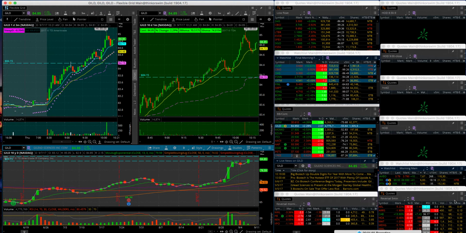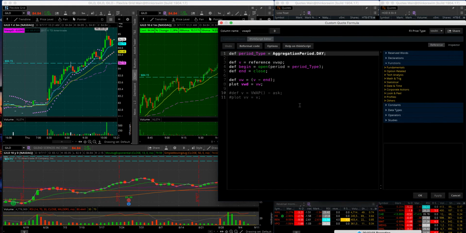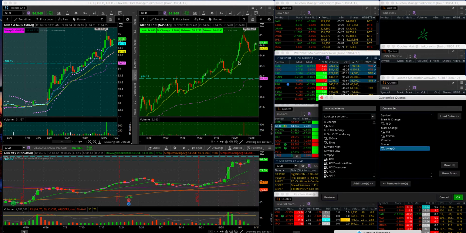So basically you go in, and I'll just show you how it works. It's taking the close of the current candle, the price of the current candle, and subtracting it from the price of VWAP. And it's outputting the difference between those two.